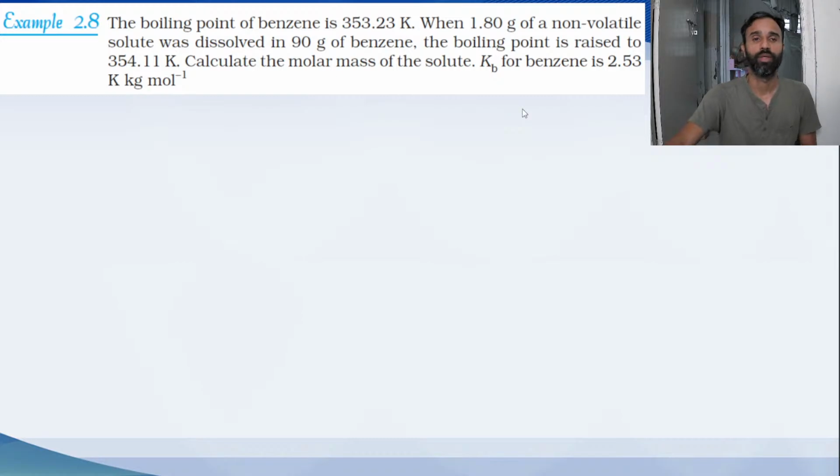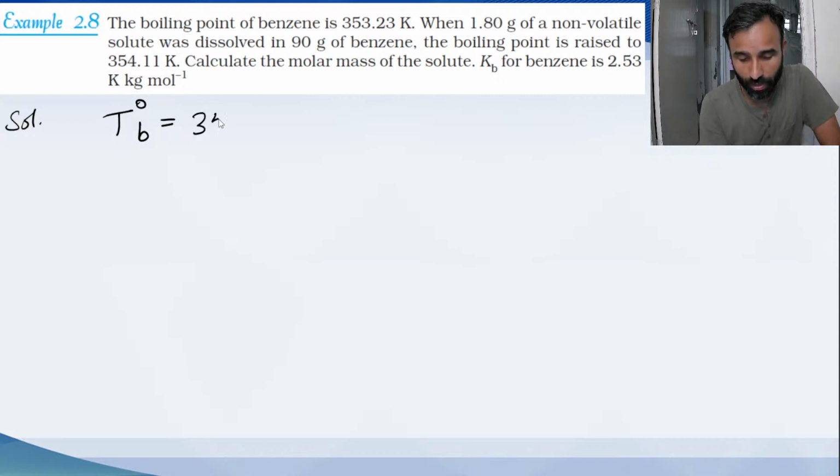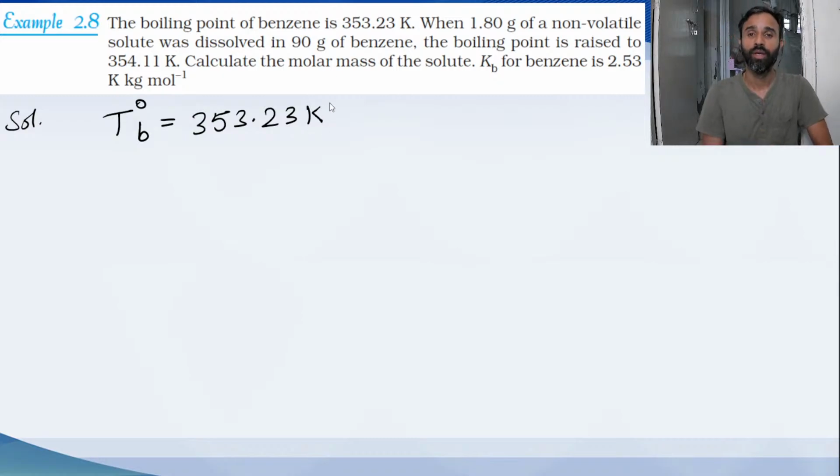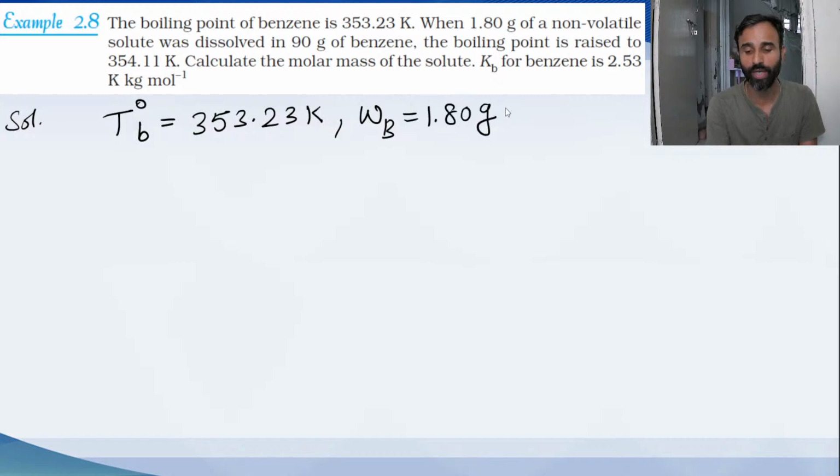Next question. The boiling point of benzene is given to you. Means again T naught B is given to us, that is 353.23 Kelvin. Now when 1.80 gram of non-volatile solute, means WB is given, 1.80 gram, was dissolved in 90 gram of benzene, means WA is also given, 90 gram.